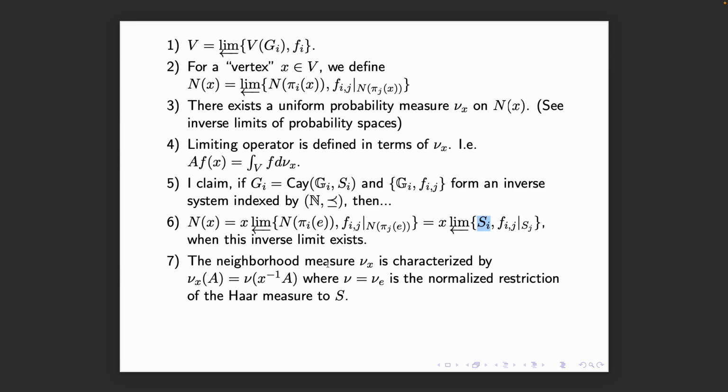They're all uniquely determined by the uniform measure that you get on the inverse limit of the generating sets. So nu, which I call the neighborhood measure, is really the neighborhood measure of the identity element, but any element can be the identity element if you want to relabel the graphs.